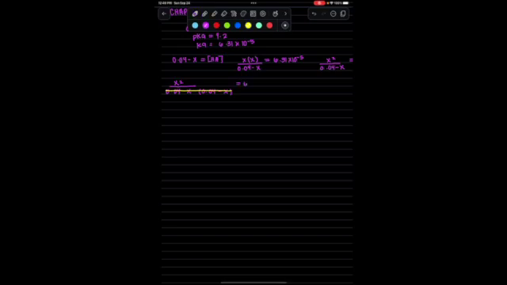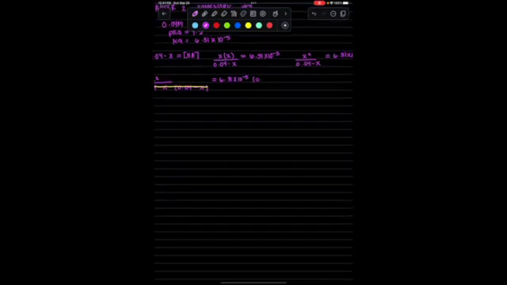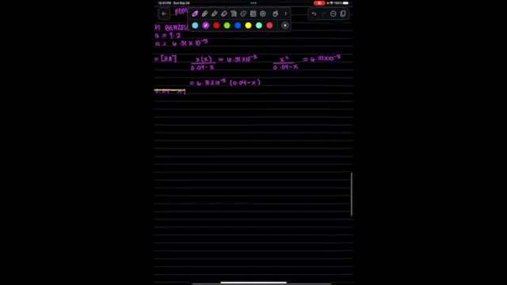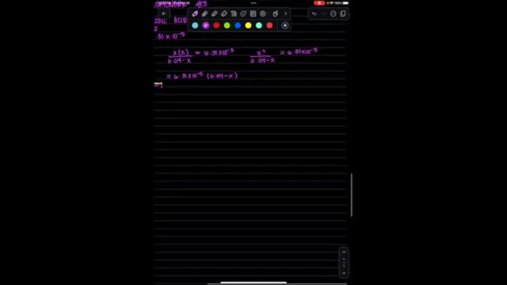Equals 6.31 times 10 to the minus 5, also times 0.04 minus x. Then we multiply that out as well, and we get x squared equals 2.524 times 10 to the minus 6.